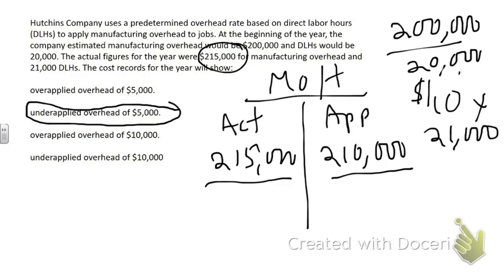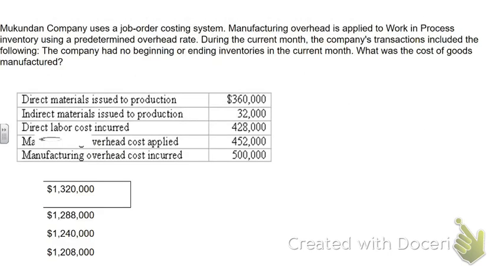Finally, the last question. I am looking once again for cost of goods sold. And to figure out cost of goods sold, I need to add my direct materials, my direct labor, and my manufacturing overhead. So I'm going to add my direct materials. Okay.